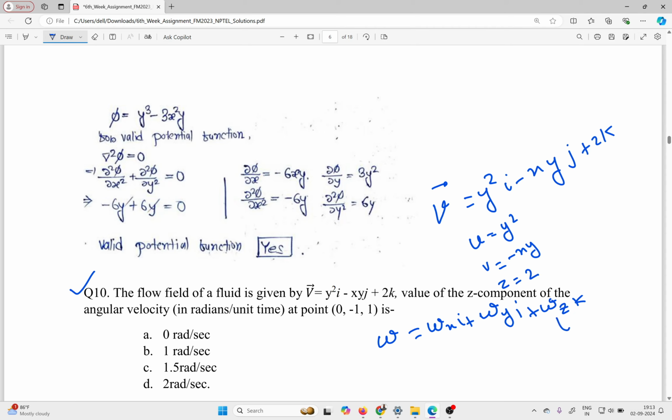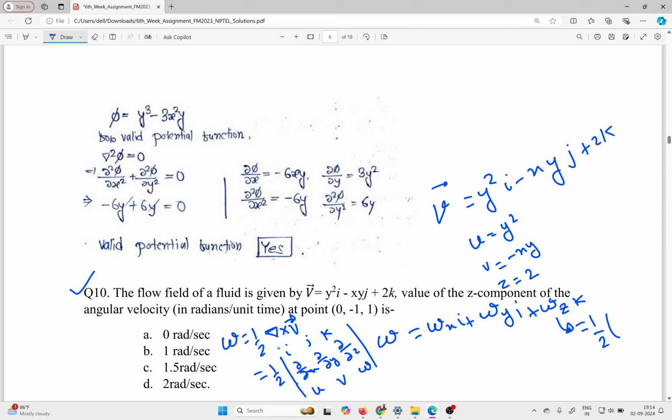Earlier we discussed that omega is equal to half curl of v vector, so half of the determinant with i j k, del by del x, del by del y, del by del z, and u v w. This gives wx, wy, and wz.